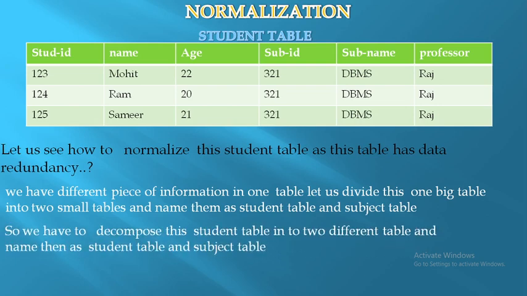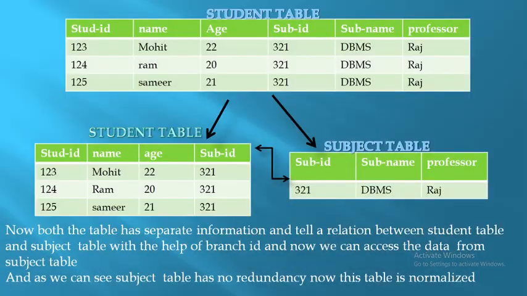So we have to decompose this student table into two different tables and name them as student table and subject table. Now both the tables have separate information, and we link the relation between student table and subject table with the help of branch ID. Now we can access data from the subject table with the help of branch ID, and as we can see, the subject table has no redundancy. Now this table is normalized.